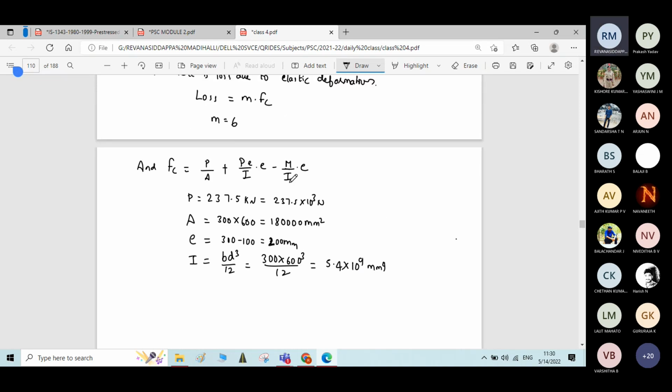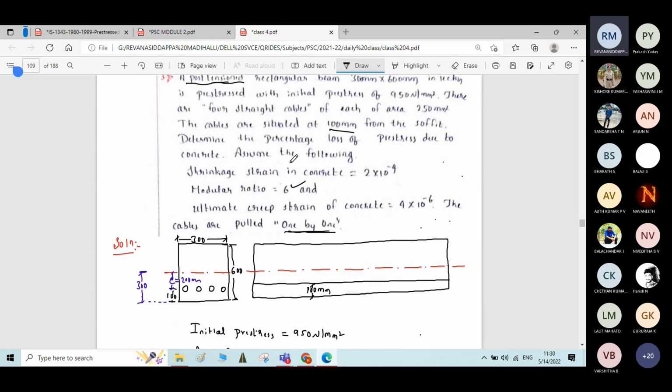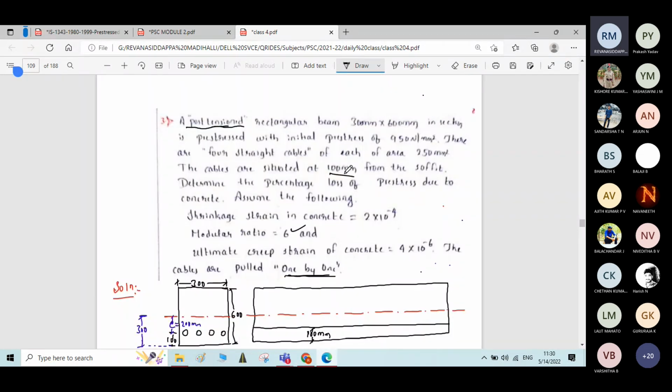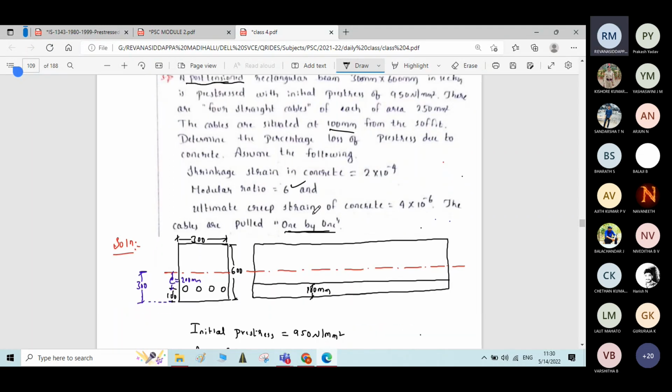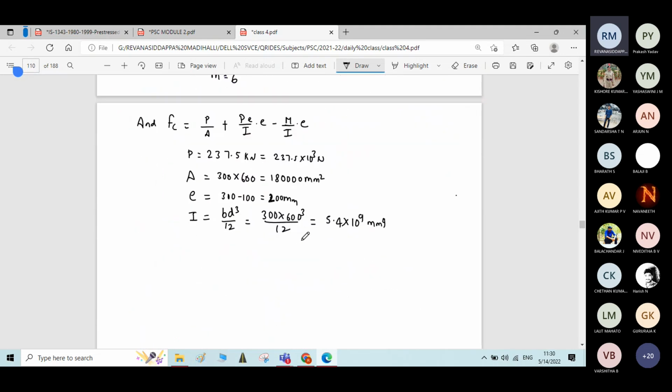Then what else is needed? We need the moment due to dead load and the live load. In the problem, nowhere the loading on the beam is given, correct? Pre-tension rectangle beam. Live load on the beam is not given. So as live load is not given, we will ignore the dead load moment also.